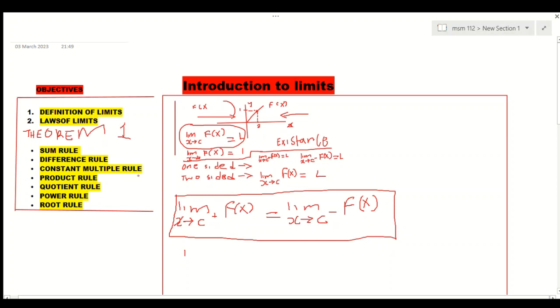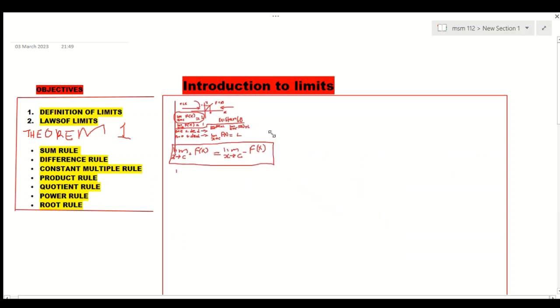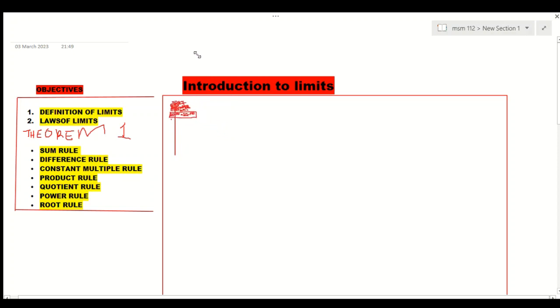So let me erase this and give you a practical example to this question using the same graph I've drawn there. Let me minimize this. Then I draw a very good graph which denotes a certain function.